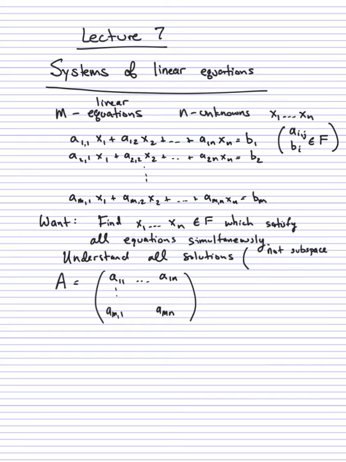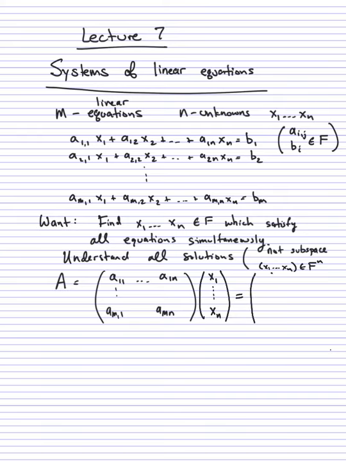If we think of these variables as a vector in F^n, x1 through xn inside F^n, then we can think of this matrix as a linear transformation. And the matrix multiplication gives you precisely the system of linear equations.